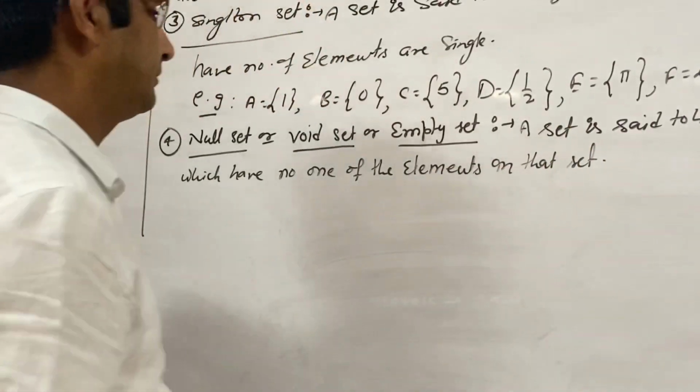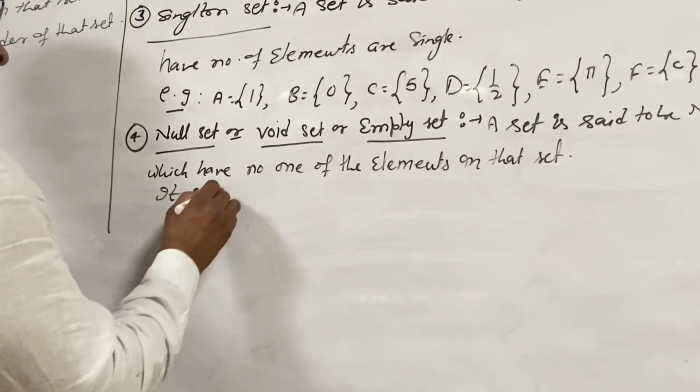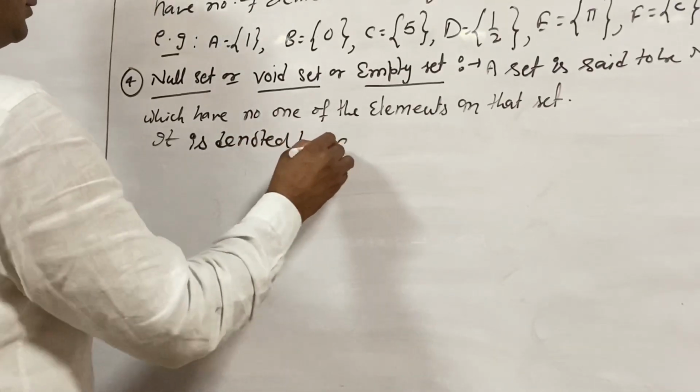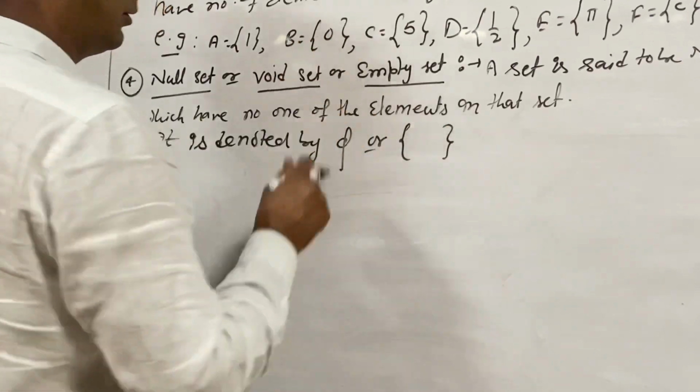That's it. It is denoted by phi, or you can say this curly bracket, that is the boundary of the set.